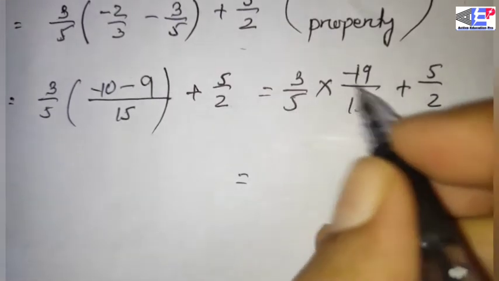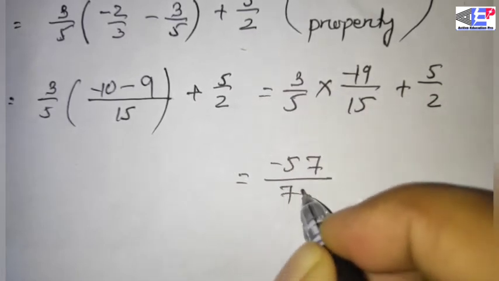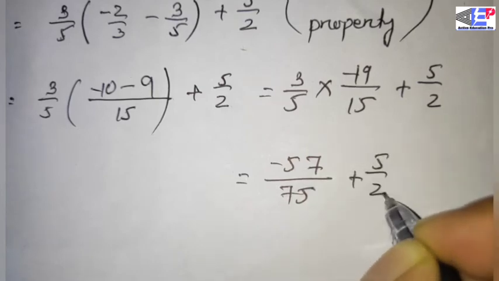Then multiply the rational numbers: minus 57 by 75 plus 5 by 2.